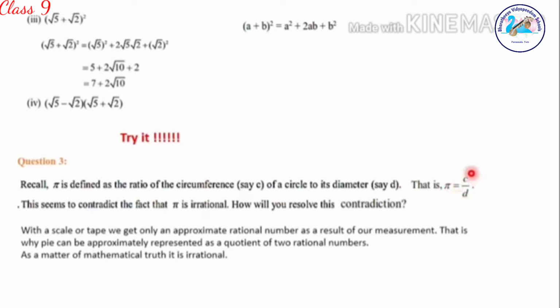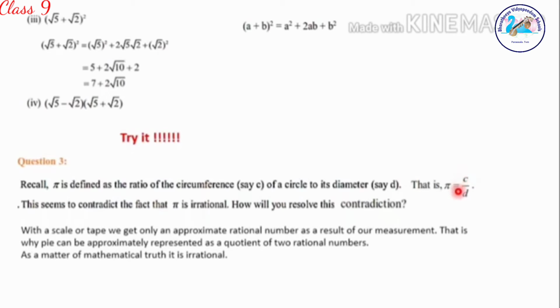So this is the approximate value, that is, circumference of the circle divided by its diameter, because when we are using tape or scale, we are getting approximate measurements. But as a matter of mathematical truth, it is irrational. So pi is considered irrational, and that is a mathematical truth as well. Here the contradiction is resolved.